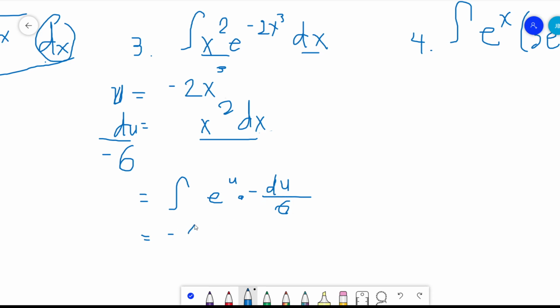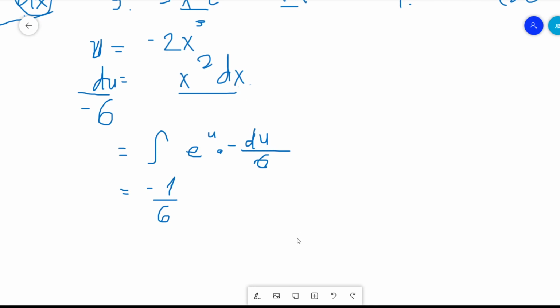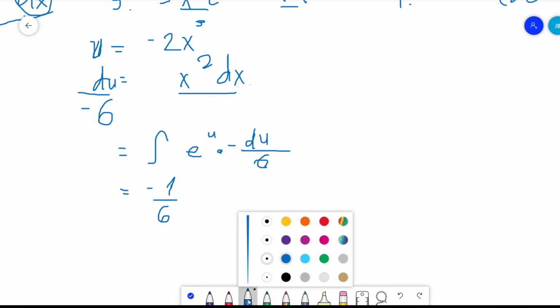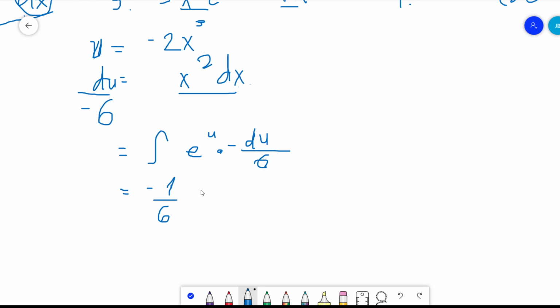Let's do it like this. The constant will be outside of the integral sign. So that's negative 1 over 6, integral of e^u, then what's left here is du.